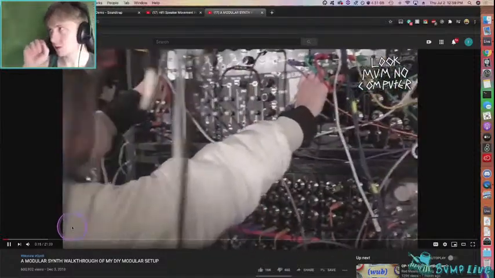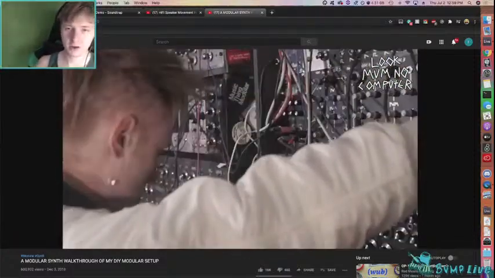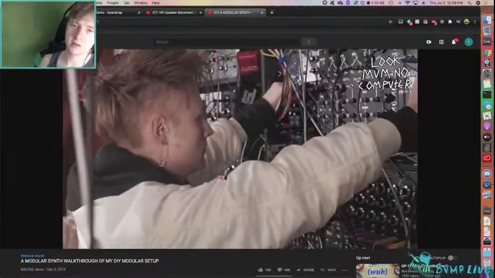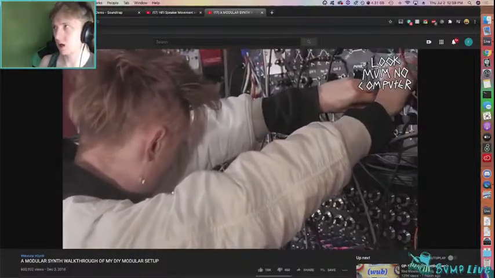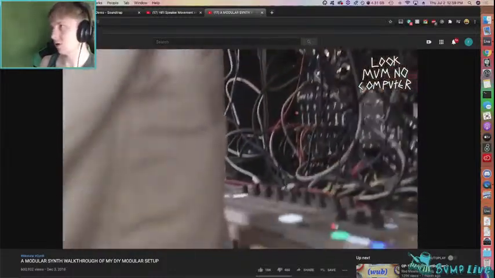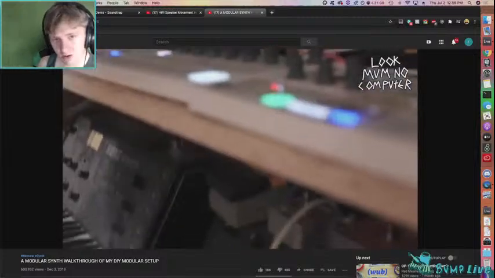You've got cables just going everywhere, and each cable represents like an oscillator going to something else, or a filter going to another thing.